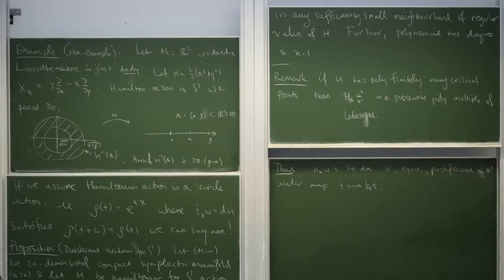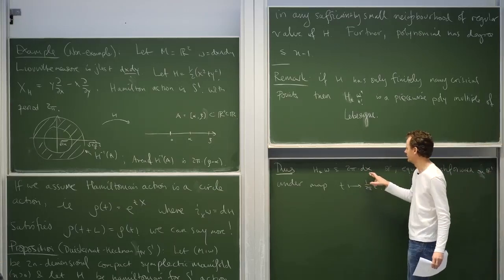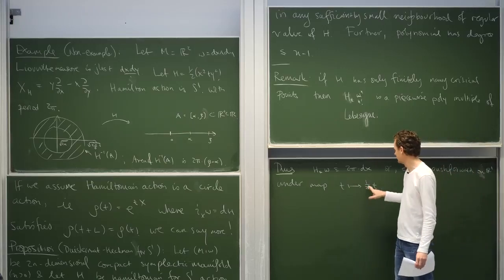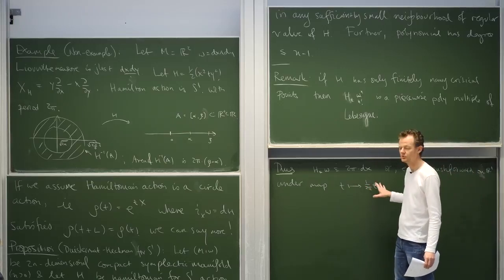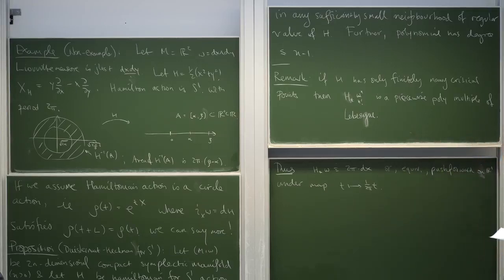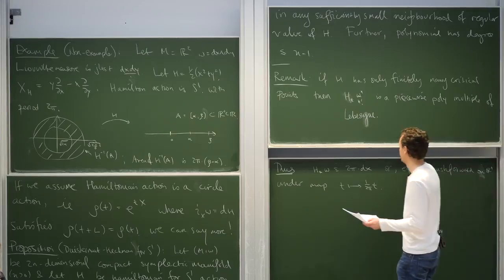And it's worth commenting that this measure here is the push forward onto R plus of the map T goes to 1 over 2 pi T. Seems a trivial observation, but we'll see that it manifests itself again and again in the examples.